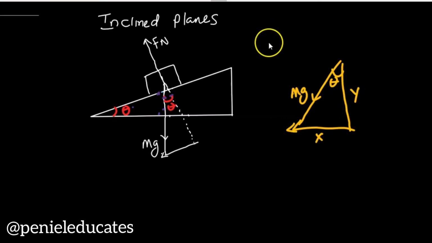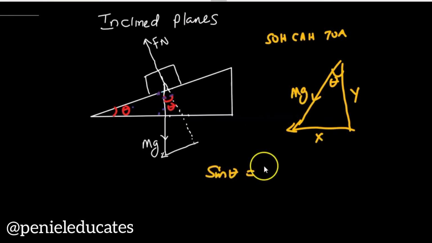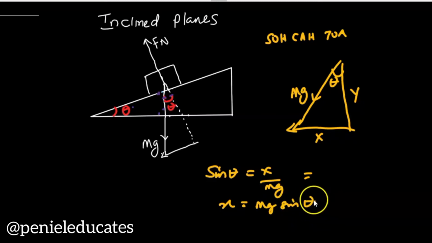So we'll use our normal formula, SOH CAH TOA. This one is opposite, and this is hypotenuse. So opposite over hypotenuse, we use sine. That means sine theta is equal to x over mg. So we have our x to be mg sine theta. So this component here is mg sine theta.